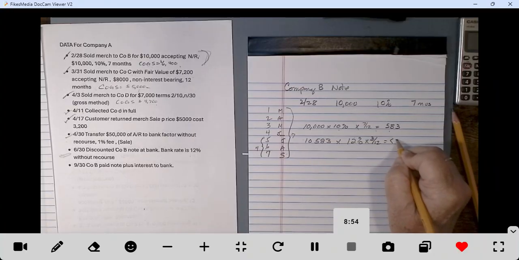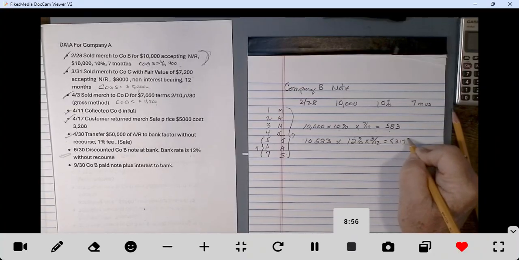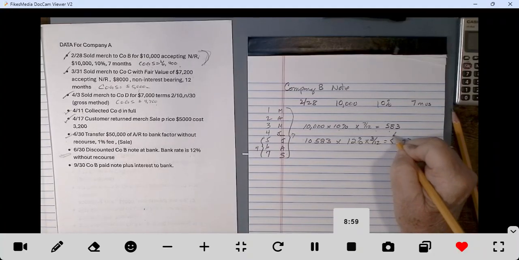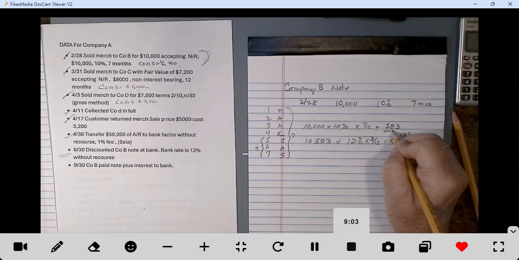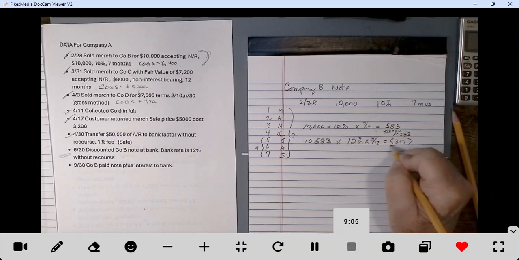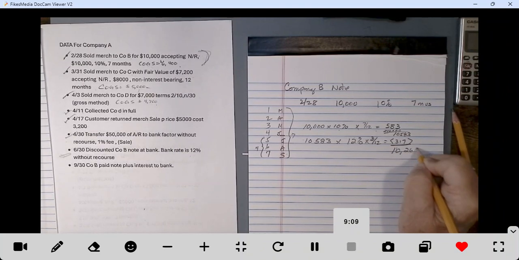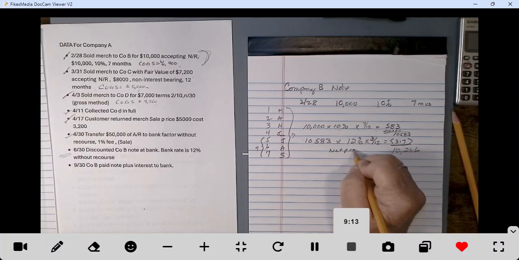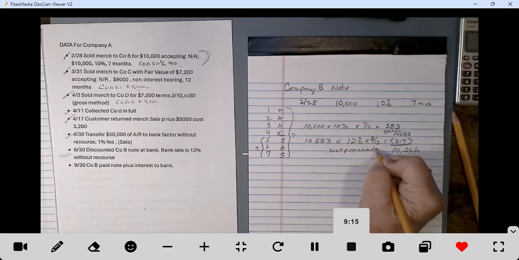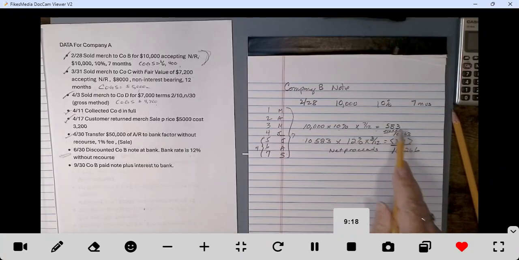That equals 317, and you subtract that from the 10,583. That equals 10,266 proceeds. So the full value less the discount equals the net proceeds.